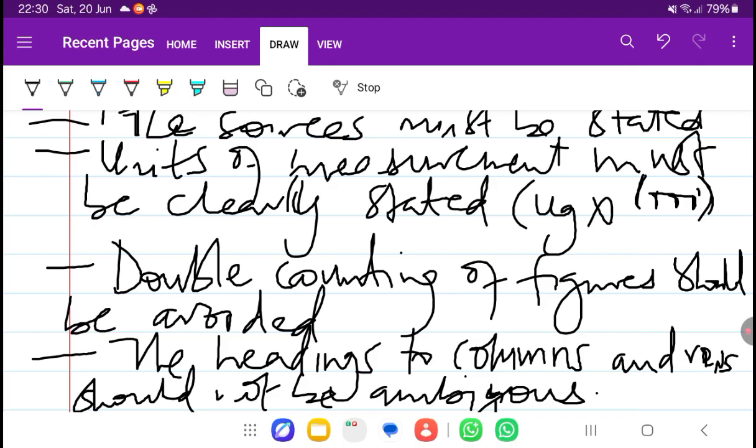So you should be able to use short headings so that you can remove the ambiguity. And those headings should be clear and understandable.